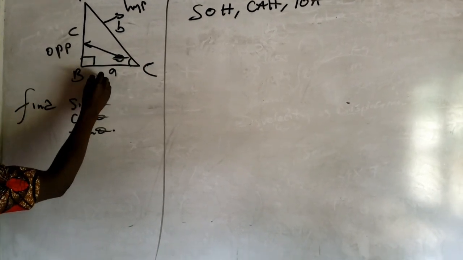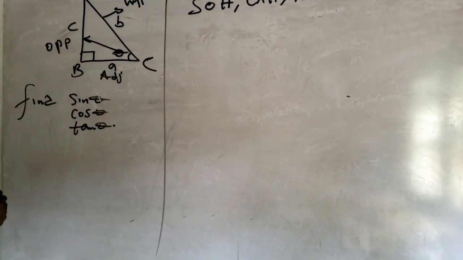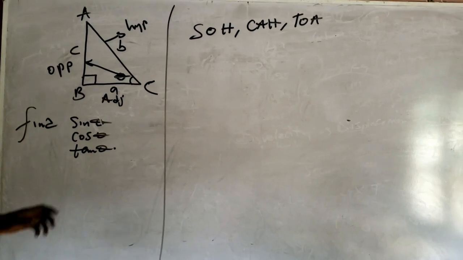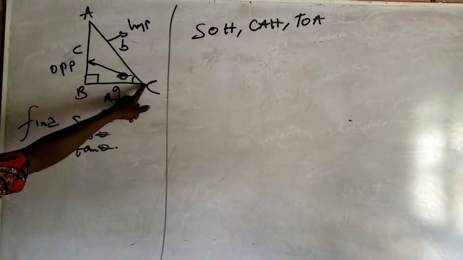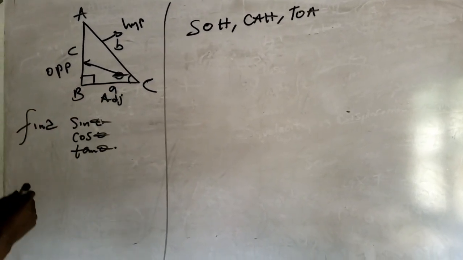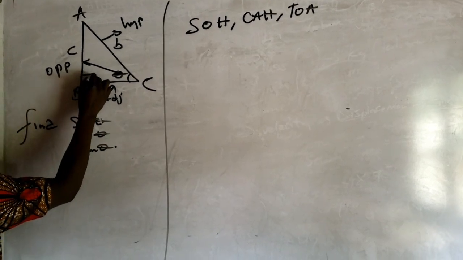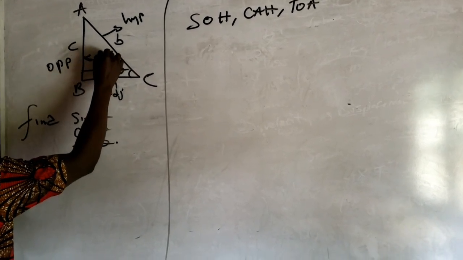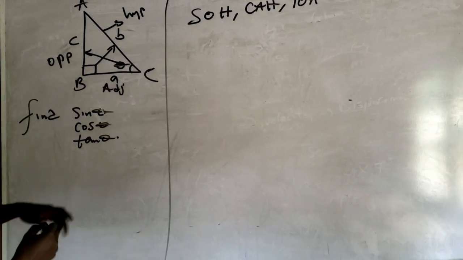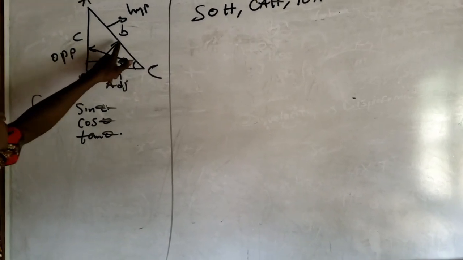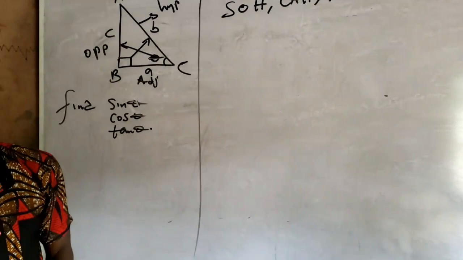And the remaining part is called the adjacent. Is that clear? If you are confused, where is the right angle facing? It's facing here. So wherever the right angle is facing, that becomes the hypotenuse.